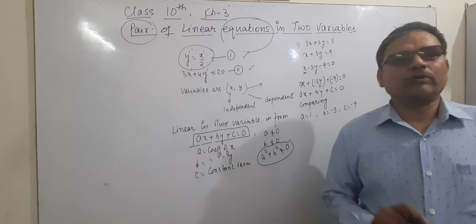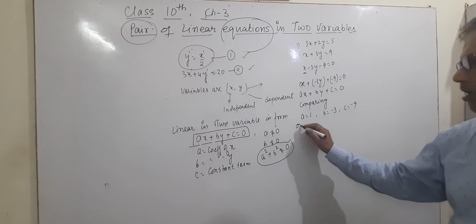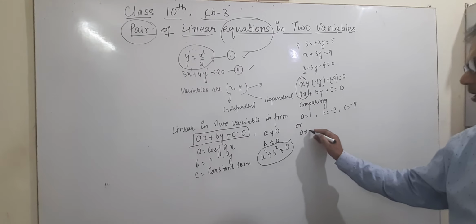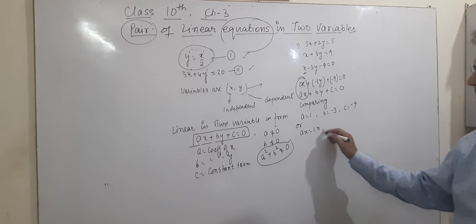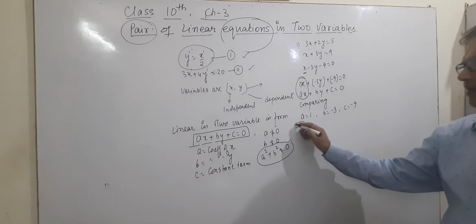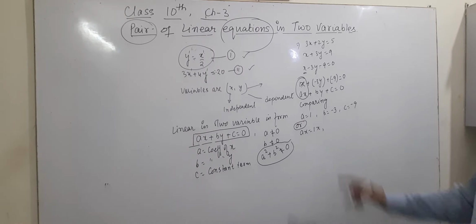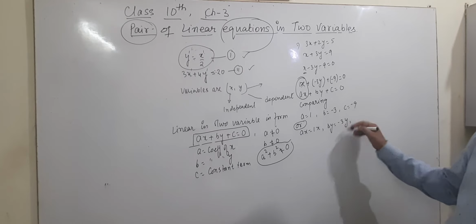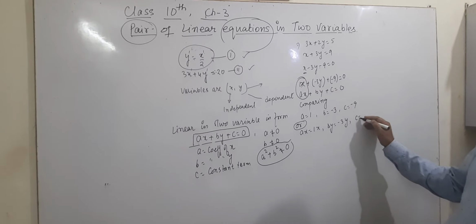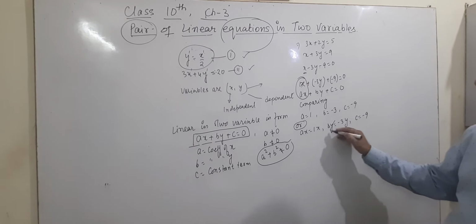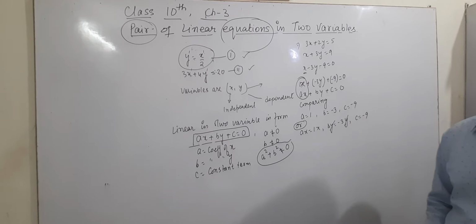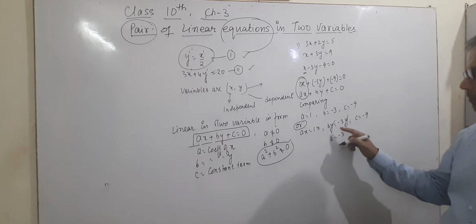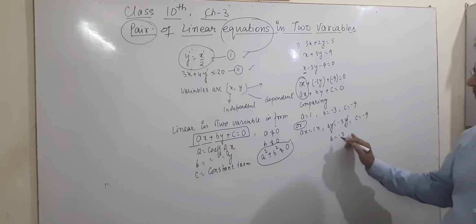If it is difficult to understand, then there is another method. Here we compare both: ax equals 1x. You can do the second method by this. And now by is equal to minus 3y, and c is equal to minus 9. The y will cancel and b is equal to minus 3, but we never cancel with each other, we only have to compare.